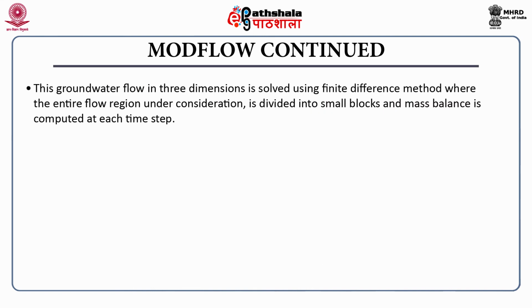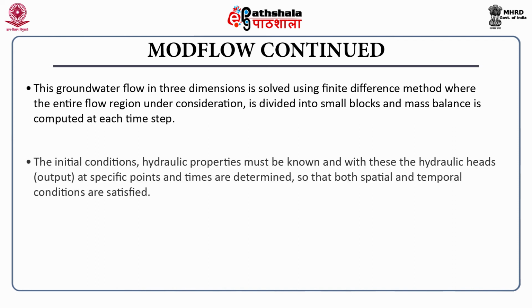So the groundwater flow in 3 dimensions is solved using the finite difference method, where the entire flow region under consideration is divided into small blocks, as you saw from that diagram. The initial conditions and the hydraulic properties must be known, and with these, the hydraulic heads are determined as outputs, and so we know how much water has flowed over a period of time.